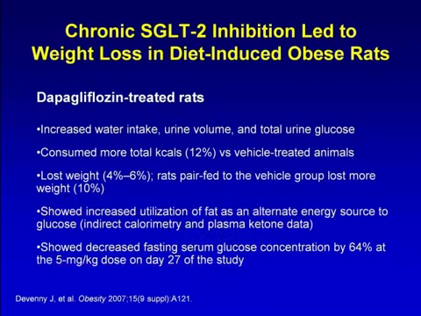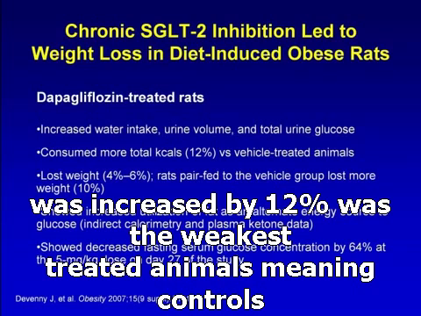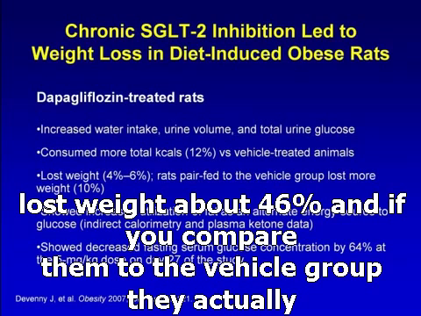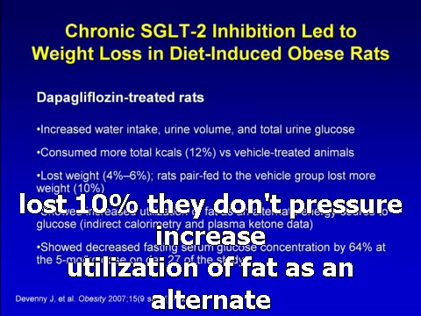The consumed calories increased by 12% versus the vehicle-treated animals, meaning the controls. Although they actually consumed more calories, these animals actually lost weight, about 4 to 6%. And if you compare them to the vehicle group, they actually lost 10%.